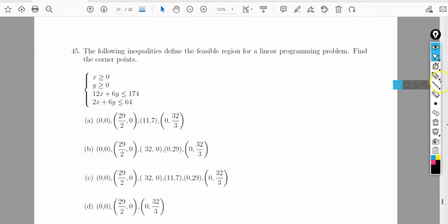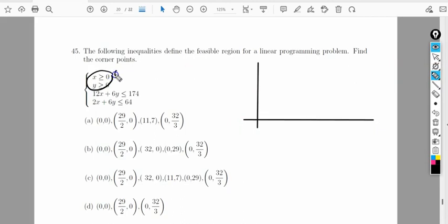Okay, here again, this alone tells us we are limited, restricted to the first quadrant. And we have 2 lines here, and it doesn't look like we will have an arrow change.